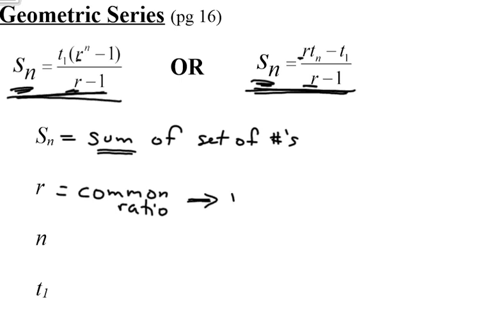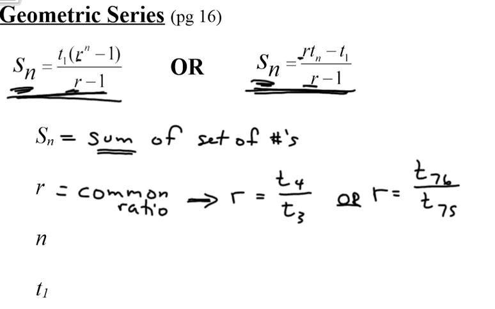If you recall from last lesson, we can always calculate an R value by taking a term, term 4, and dividing it by the previous term. And that'll tell us what we multiplied by. So to get the R value, take any term, we could take term 76, divide it by the previous term, and that'll be the R value. So that's what we're looking at with the common ratio.